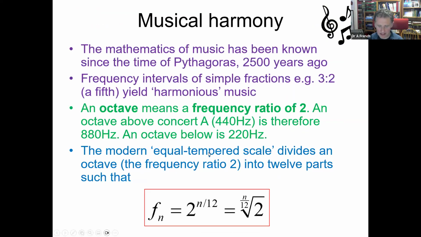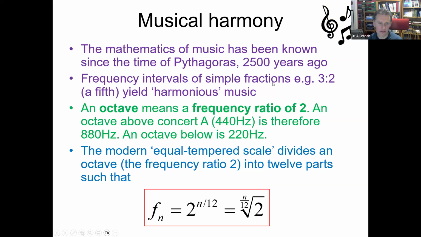So a little bit of a diversion, I suppose. This is quite good. If you've not met this before, then I think this is quite revelatory in terms of the physics of music. We've known something about the maths of music since the time of Pythagoras, about 2,500 years ago. The idea of harmonious music, these are ratios. So a fifth, which is used in rock music these days, is a ratio of 3 to 2.